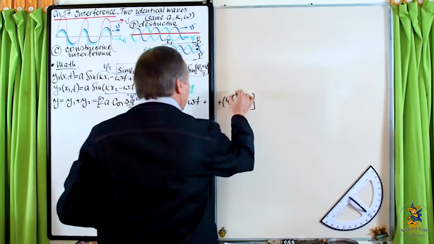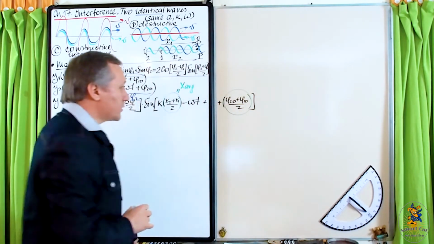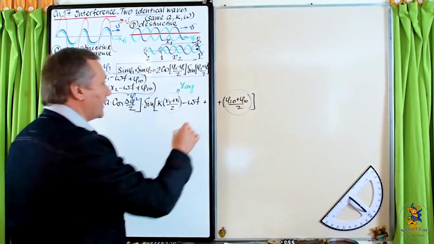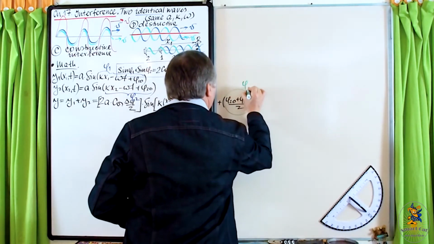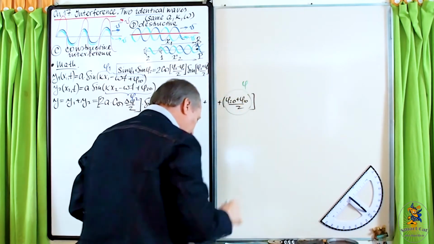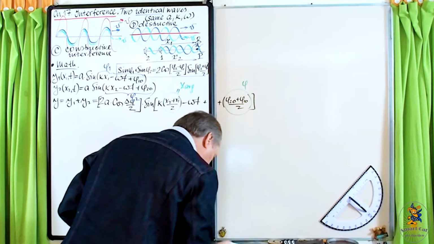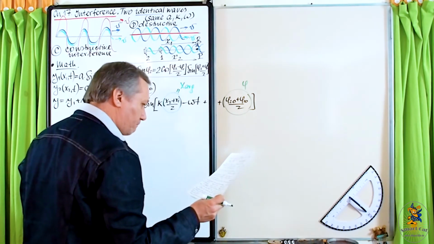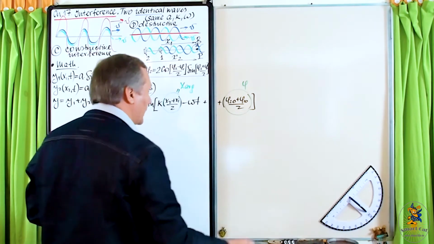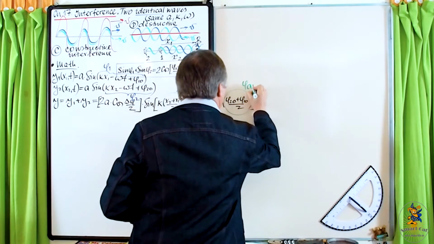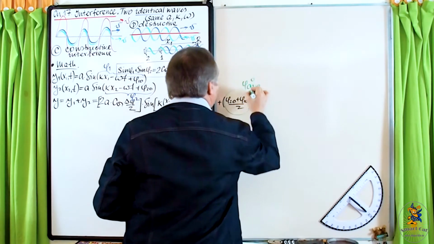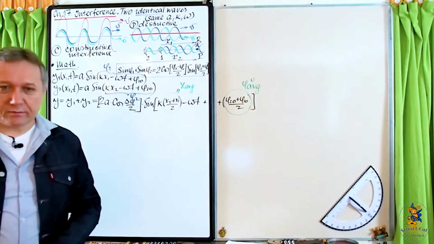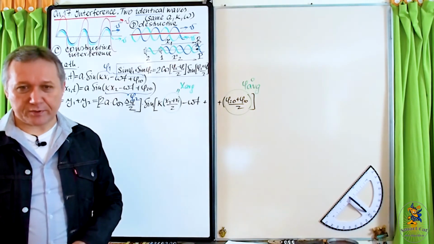And this, let's call it phi average, with subscript 0.